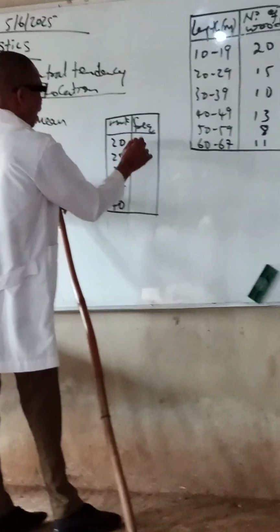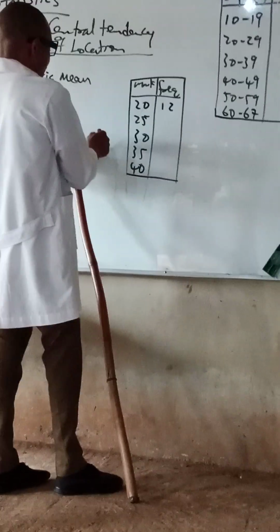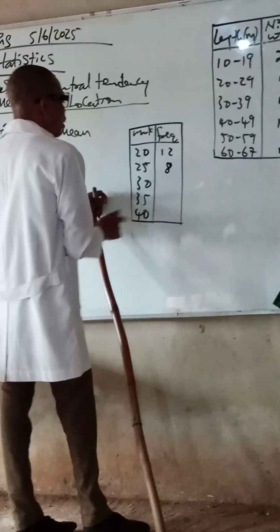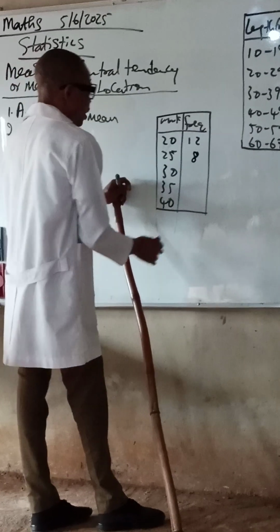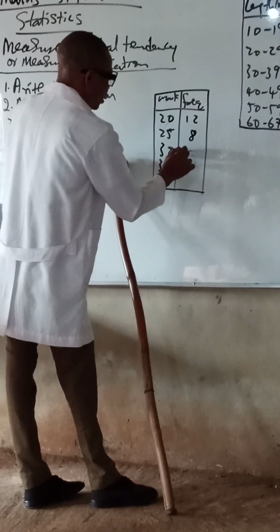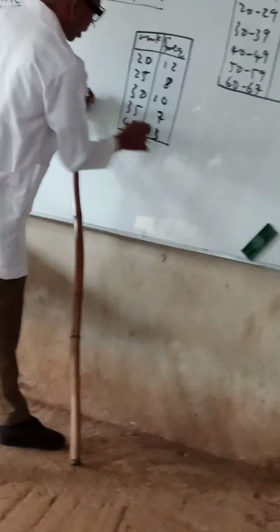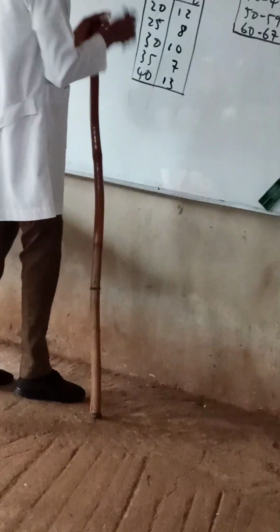Then the frequency, let's say 12, that is the number of students that scored 20%. There are 12. Assuming we have 8 students scoring 25%, 10 students scoring 30%, 7 students scoring 35%, while 13 students scored 40%.